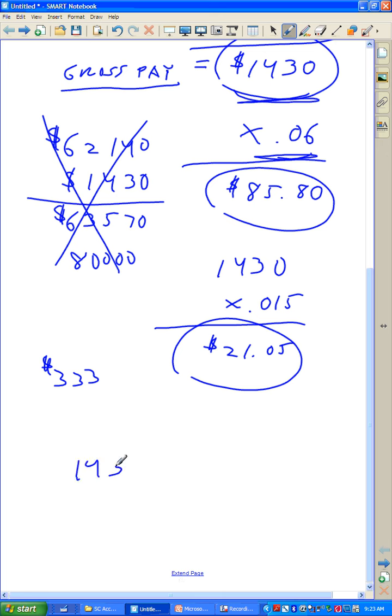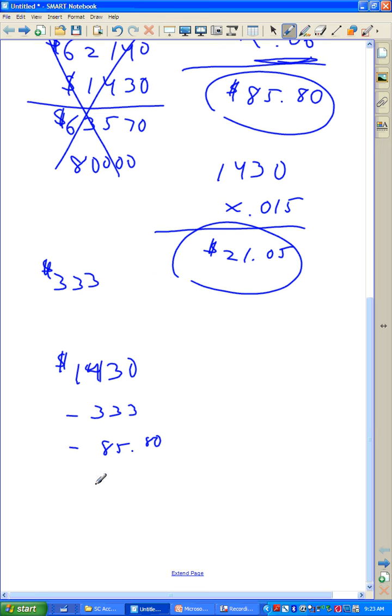If I go 1,430 minus 333, again, I hope you can read my writing, minus the 85.80 that we figured out for the Social Security tax and then the Medicare tax here.